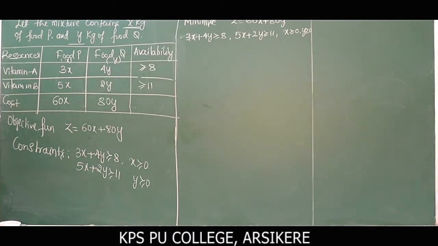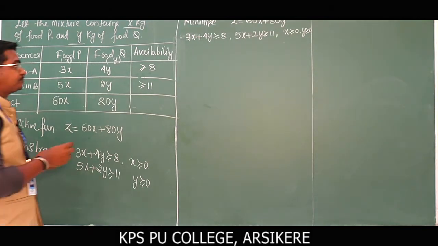The method is very simple. First find the feasible region for the given constraints. Then find the corner points. Then find the value of the objective function at each corner point, then go with the simplification. Clear?